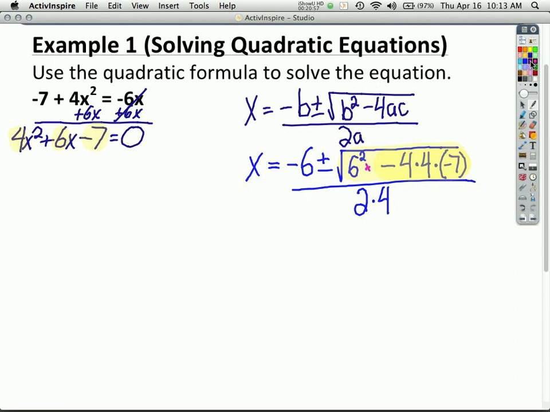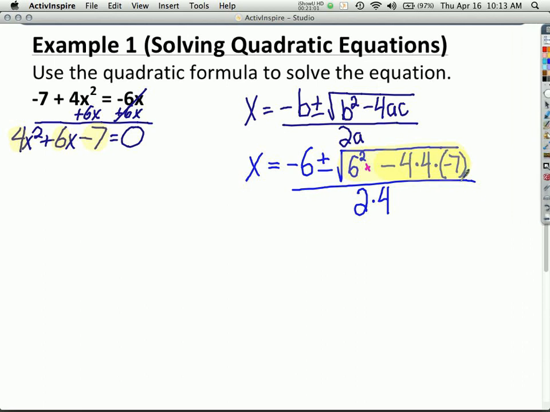So let's start with the -4 times -7. If you need to use your calculator, use a calculator. And so we're going to rewrite the whole thing. X equals -6 plus or minus the square root of.